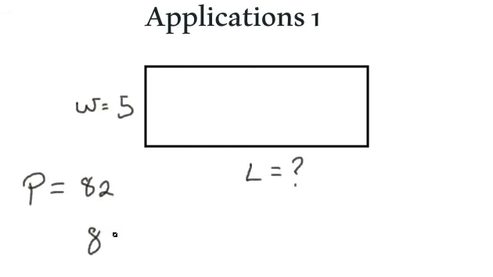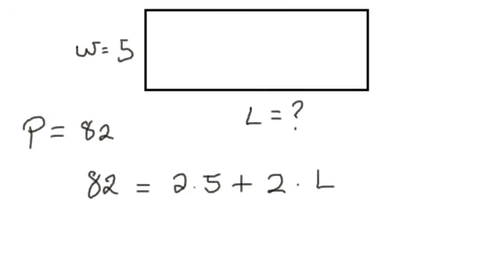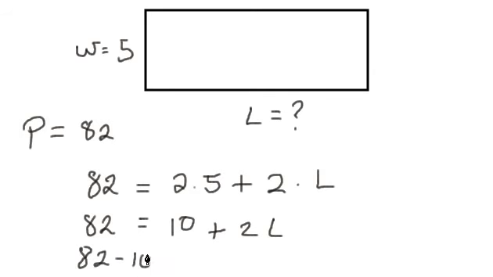So we're going to say 82, which is P, is equal to 2 times 5 plus 2 times L, and we want to solve for L in this equation. Well, that should be simple enough. This is 82, and 2 times 5 is 10, plus 2L. So we take the 10 over to the left, so it becomes 82 minus 10 because it's a positive 10.